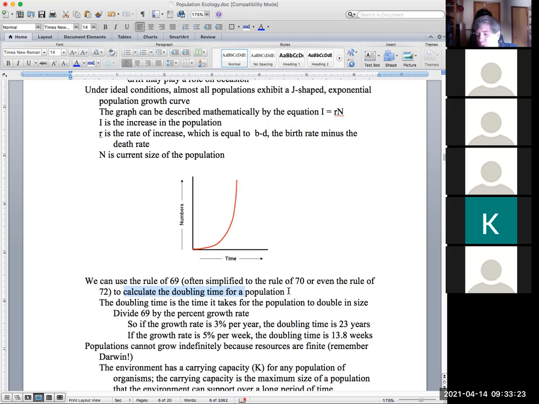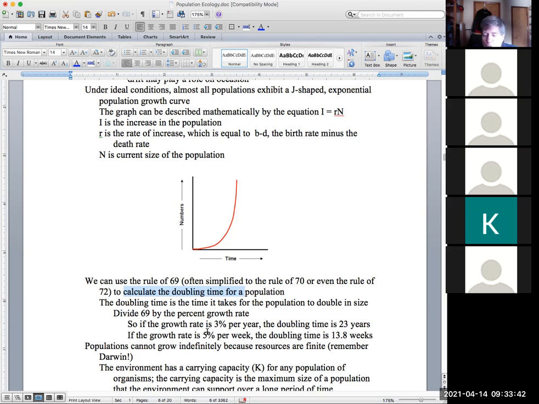Notice, this rule doesn't only apply to population size. You could also apply the rule of 69 to money that you have in the bank if you want to find out how long it's going to take that amount of money to double. So it can be used for other factors.